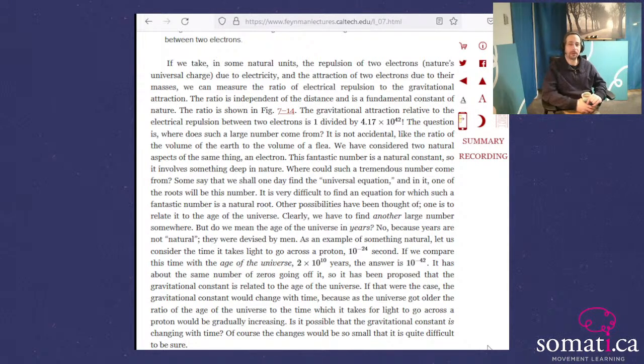Where could such a tremendous number come from? Some say that we shall one day find the universal equation, and in it, one of the roots will be this number. It is very difficult to find an equation for which such a fantastic number is a natural root.